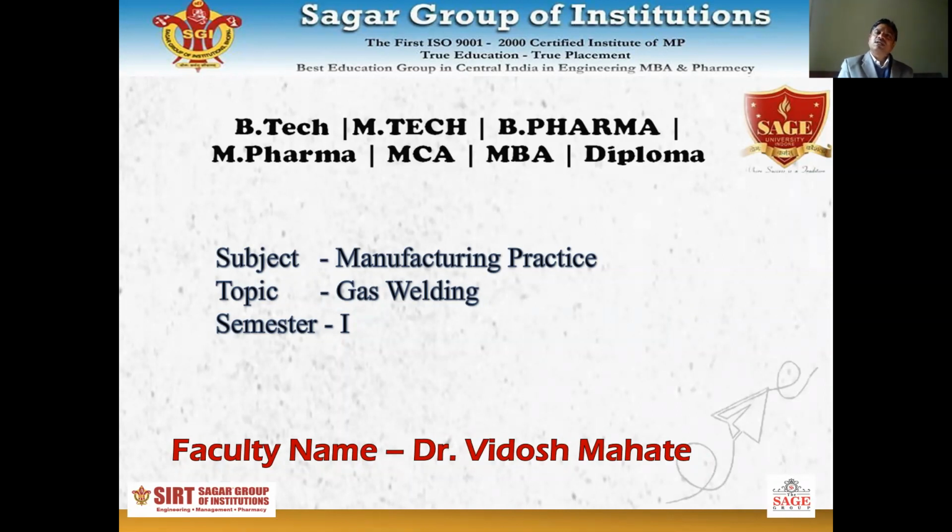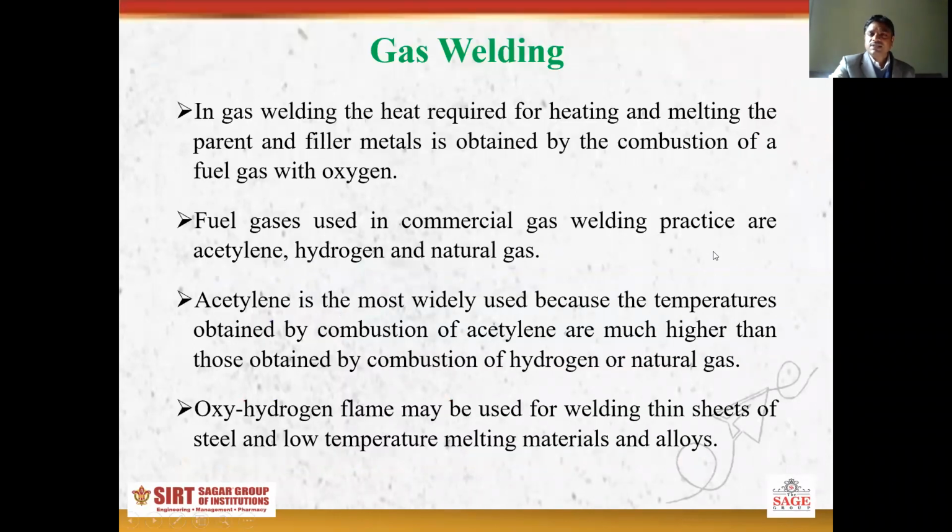Today we will discuss gas welding. So first of all, what is gas welding? It is simply that a gas is utilized for the welding purpose, which is known as gas welding.